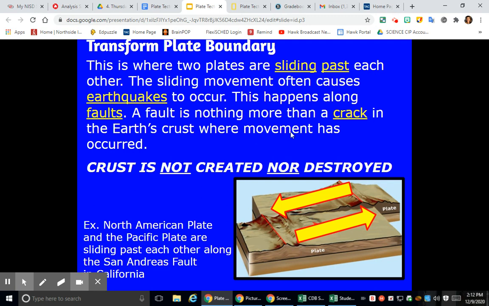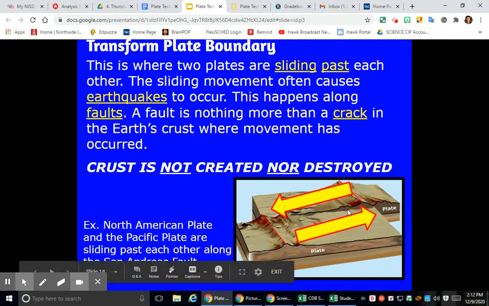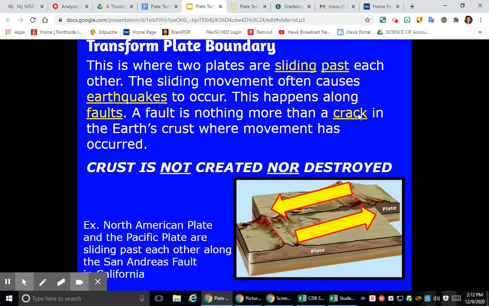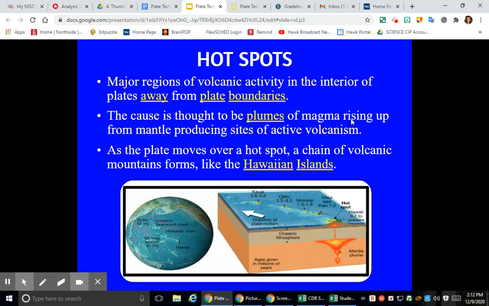A fault is nothing more than a crack in Earth's crust where movement has occurred. Crust is not being created or destroyed at a transform boundary where they slide past each other. So the North American plate and the Pacific plate are sliding past each other along the San Andreas Fault in California.